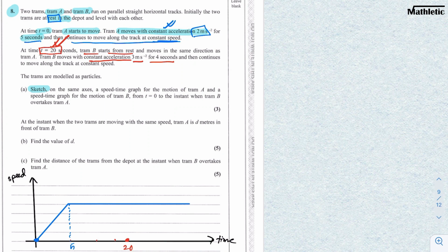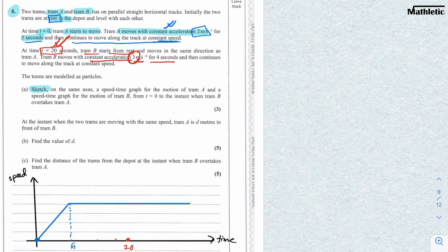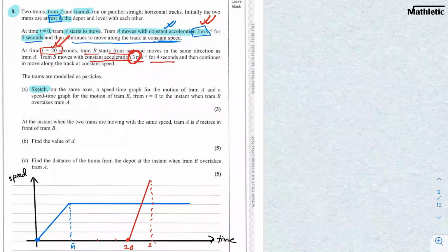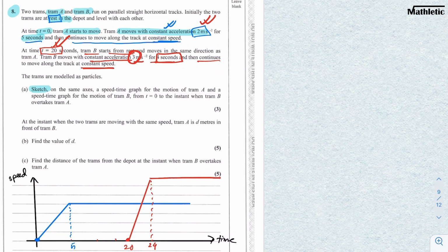It has an acceleration of 3, which is greater than 2, so it should be a little bit steeper. And for 4 seconds, 20 plus 4, so this final point should be 24. Then it continues with constant speed. So we are done with the speed time graph.